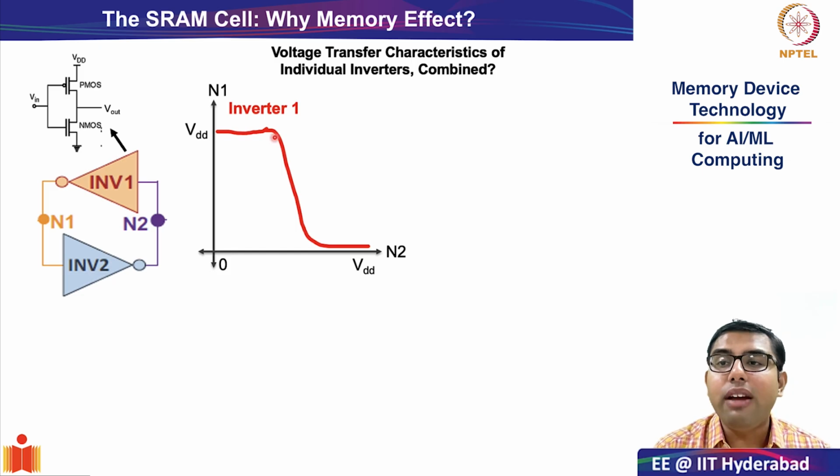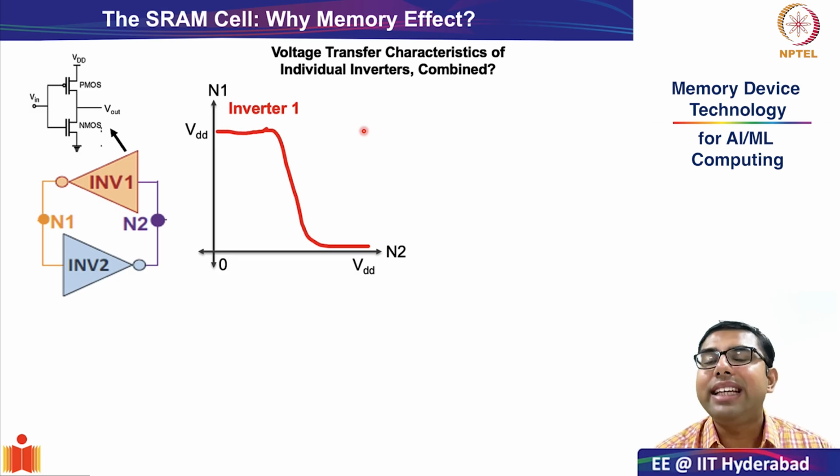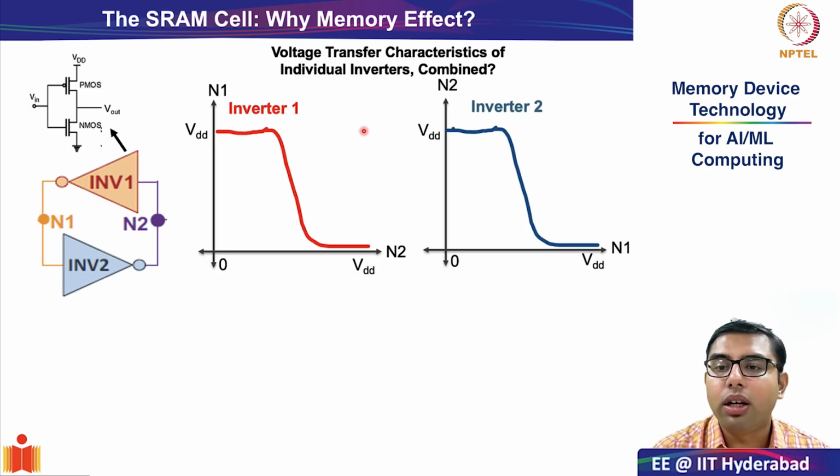The gain of the inverter, which is actually determined by the subthreshold swing of the individual transistors, is finite, and this is the characteristic of a real CMOS inverter. Once we have understood how inverter 1 behaves, let us see how inverter 2 behaves.